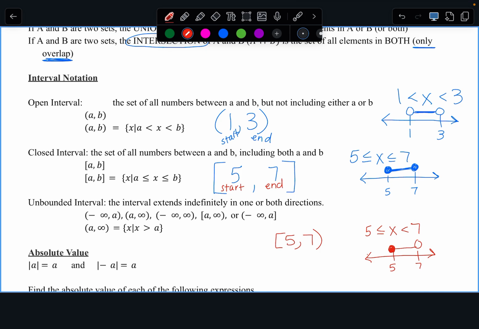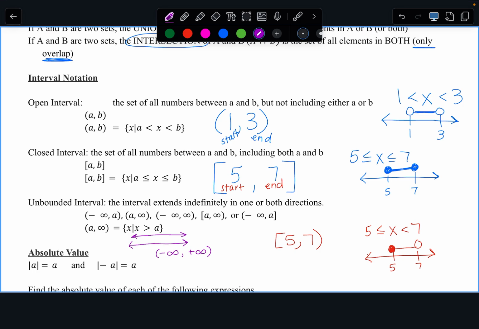Yeah. All right, let's talk about gaps. Actually, before we talk about gaps, let's say everything's included. It could be any possible number. Let's say it's the entire number line. This means it goes from negative infinity, which means the smallest possible number you can ever think of, to positive infinity, which is the biggest possible number you could ever think of.